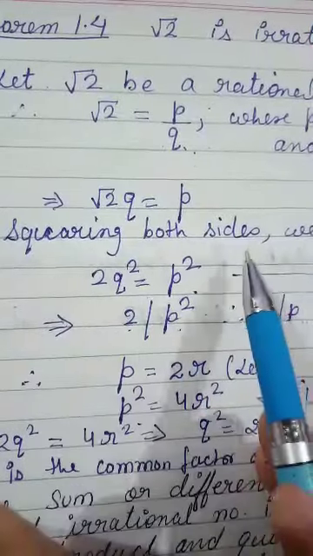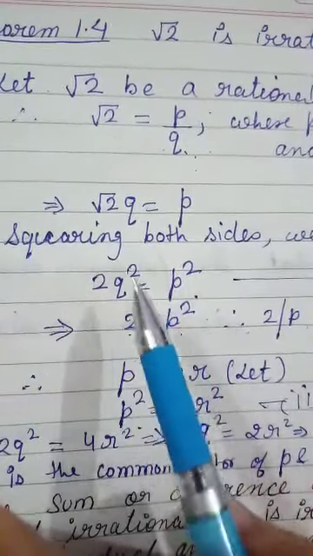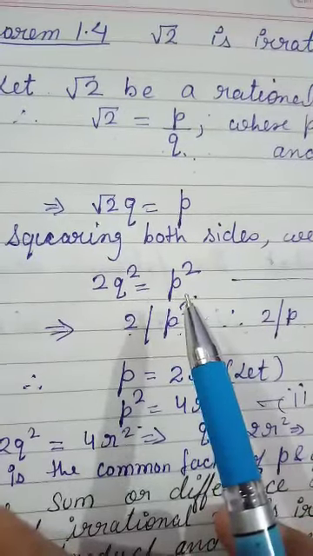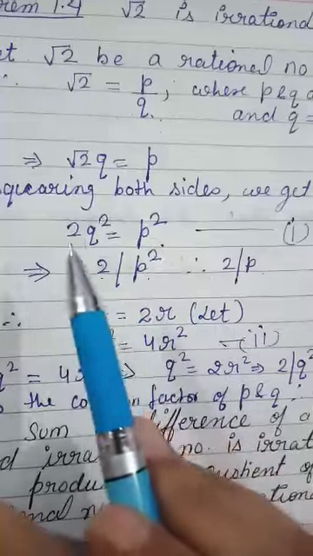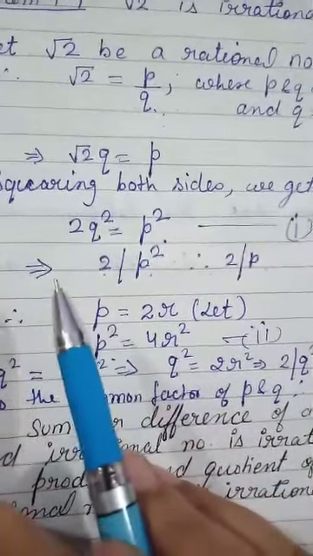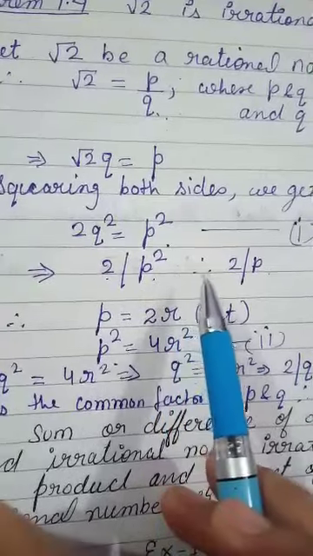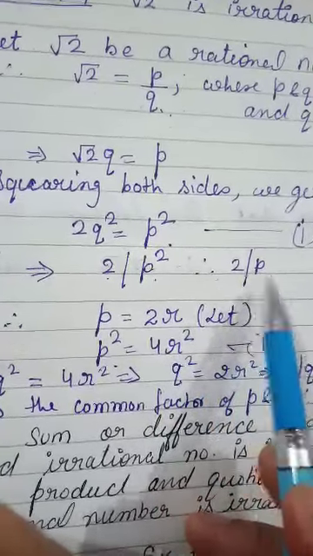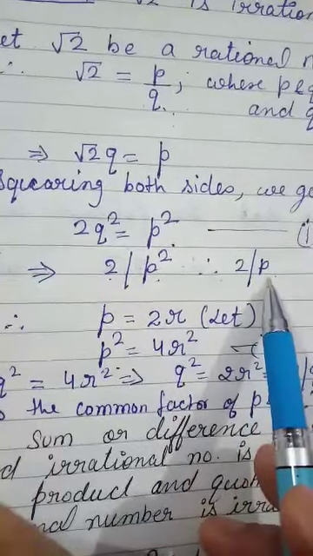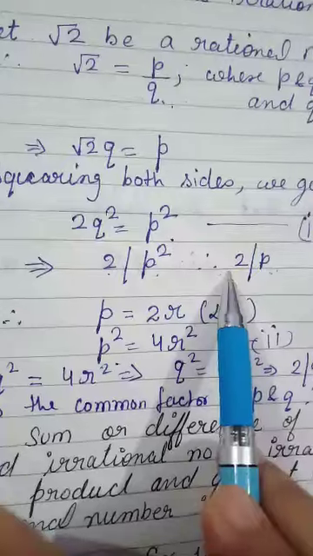Now squaring both sides, we have root 2 का square is 2, q square, p square, right? And here we got this. By dividing p square we are getting q square, so this implies that 2 divides p square, and by last theorem we can say that therefore 2 divides p also. अगर 2 p को divide करता है तो we can say that p is the multiple of 2, right?